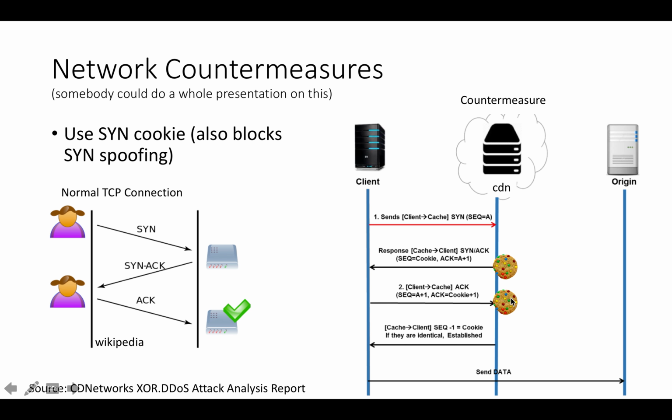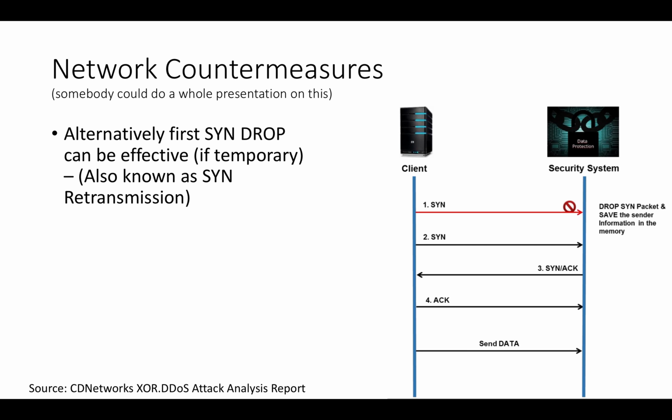If they don't send the ACK back and do a +1 or this arithmetic calculation to it, then we know that it didn't have a full-blown client, and this often stops a lot of the bots that are out there. If you're just trying a flood attack, this often stops a lot of them. So you can easily put this one in, and then we would block the attack if the cookie didn't come back the way that we were expecting it. Otherwise, regular traffic comes in as you'd expect.